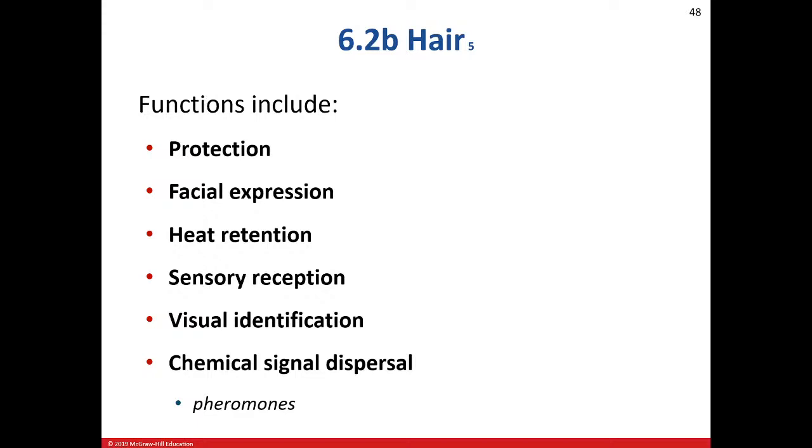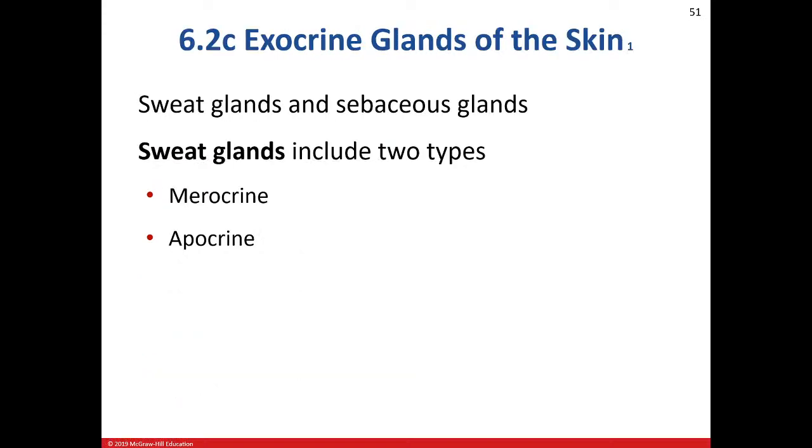We can detect when bugs are crawling on us because they touch the hairs, and that activates receptors in the dermis. And then visual identification. We can identify people by their hair. And then chemical signal dispersal in the case of pheromones, particularly in the axillary region. So that axillary, that armpit hair.